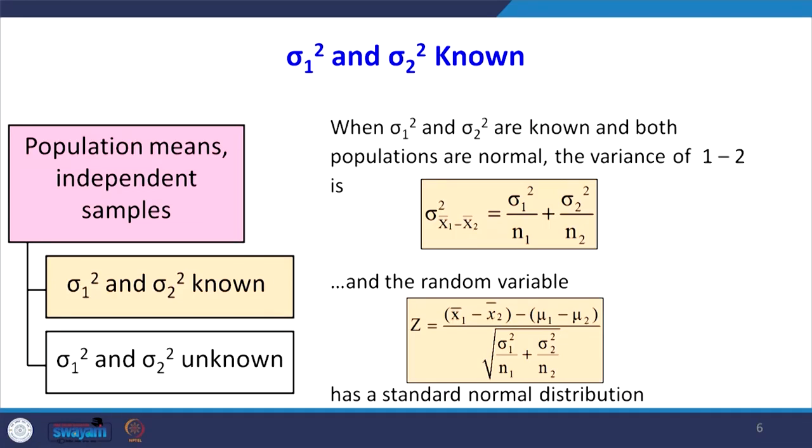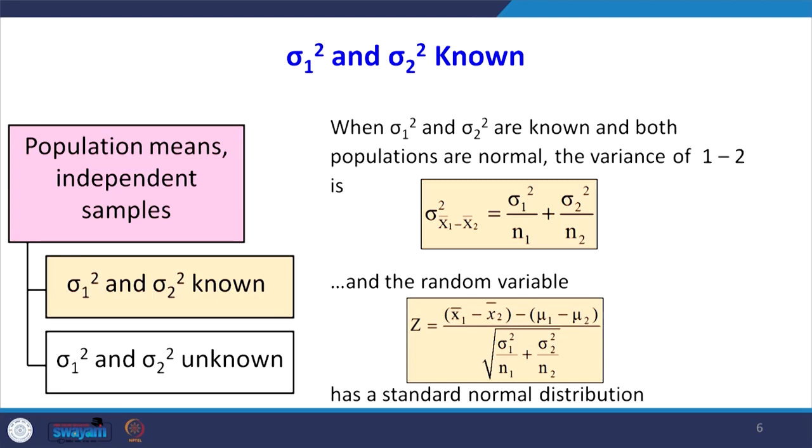When sigma 1 square and sigma 2 square are known, the variance of the difference of the two populations is the summation of their variances, that is sigma 1 square by n1 plus sigma 2 square by n2, which I have already explained.